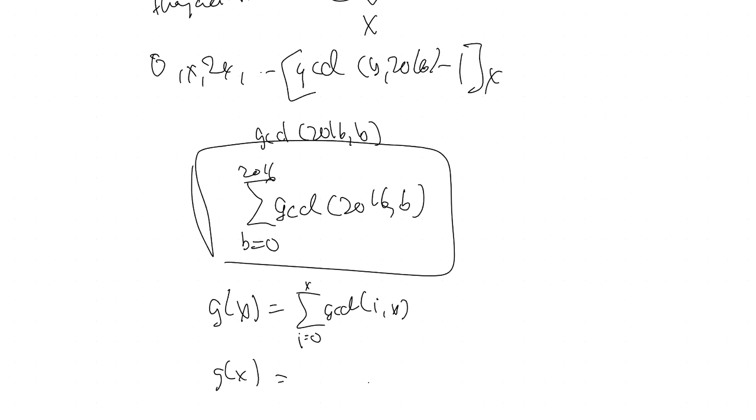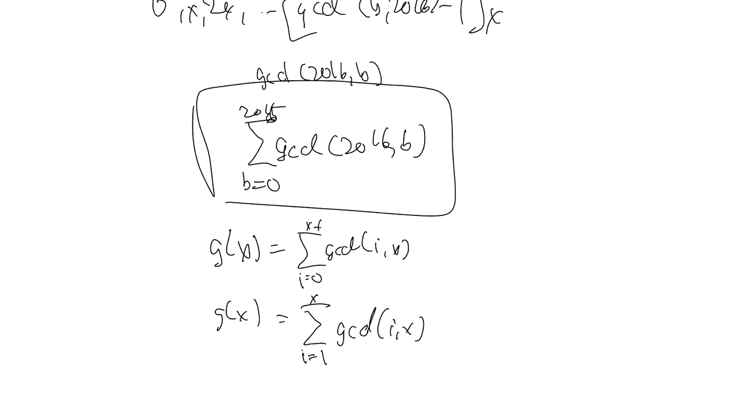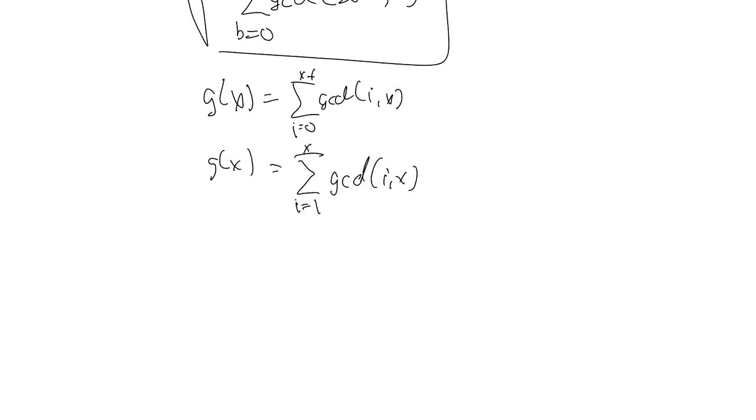This is supposed to be x minus 1, sorry, and this is supposed to be 2015 here. Sorry for that. We're going to change this so it goes to x, not x minus 1, and change it to this form. We can do a little more algebra on this. Okay, is this okay? We just did some algebra here and changed it to this form. Does everybody understand this step?